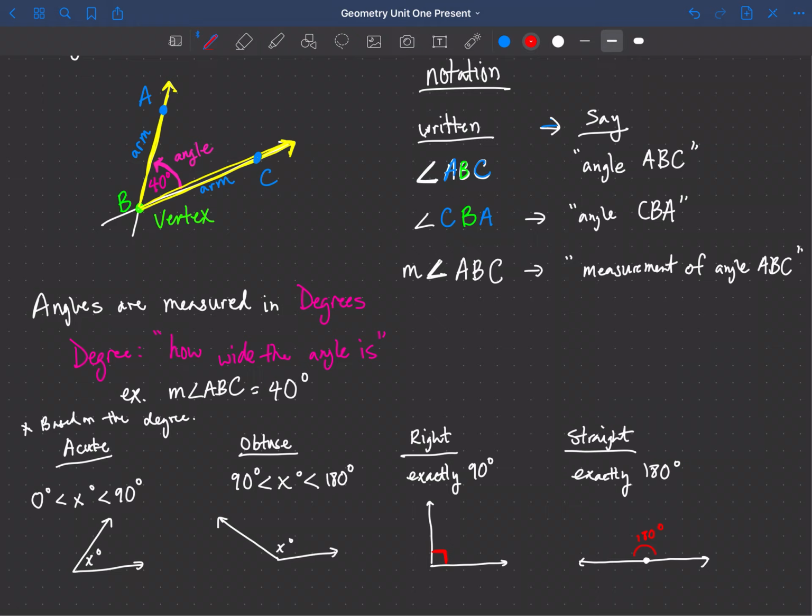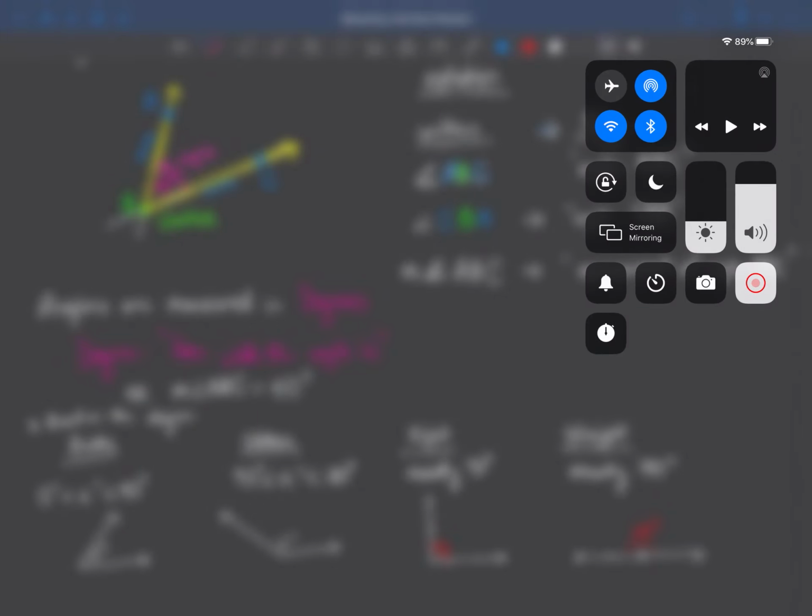This just looks like a flat line. So this angle here would be 180 degrees. And those are the 4 basic angles based on their degree measures.